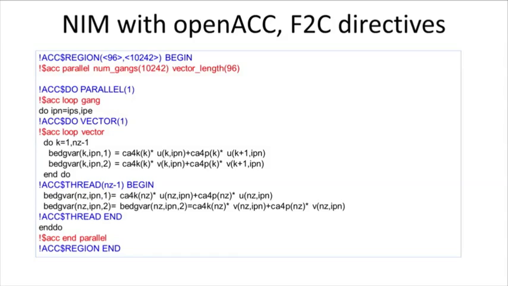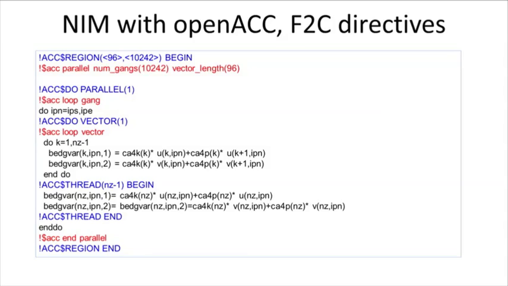This will be what would run over a single GPU, and we do various things. When we break up a domain across many GPUs, we effectively end up with the same number of points. We use parallel or gang for the horizontal dimension in this example, and loop vector or do vector for the ACC, F2C-ACC. So quite similar, and it turns out to be quite simple to make the code work with OpenACC.